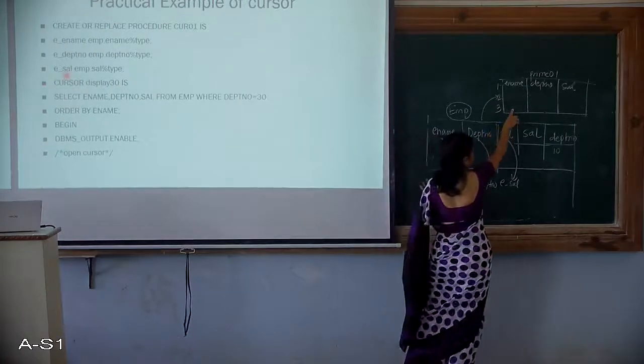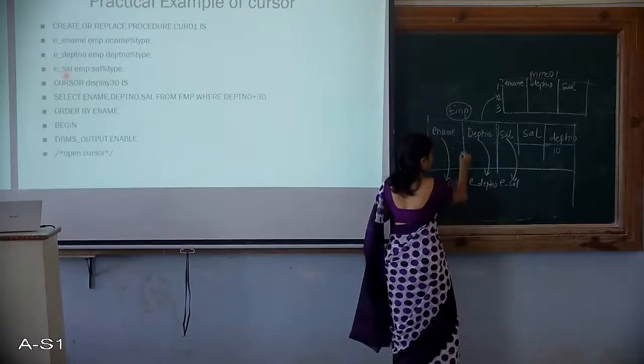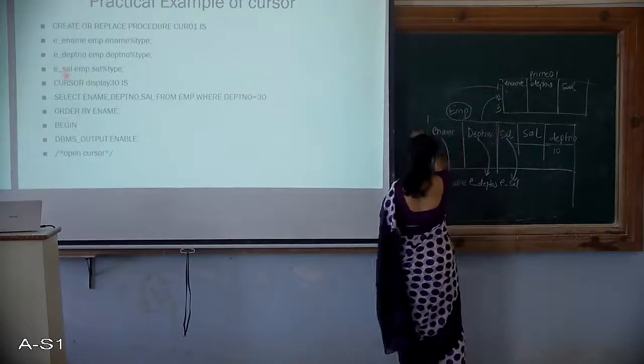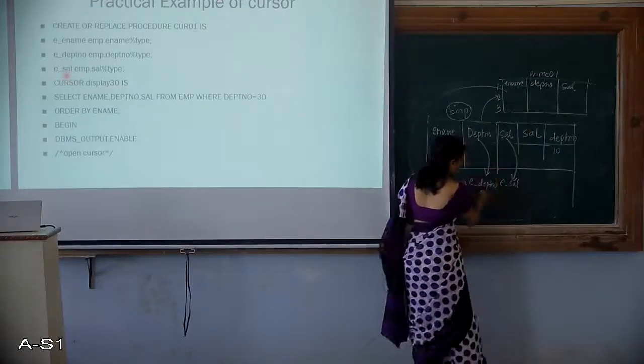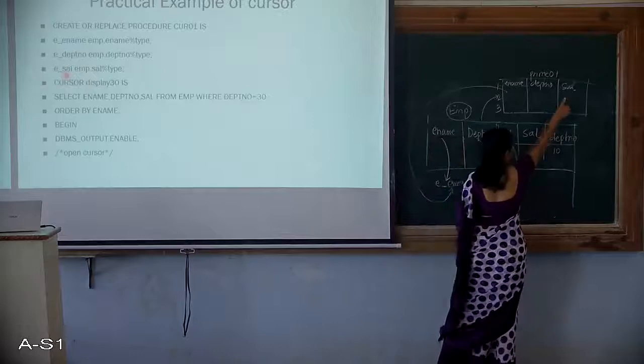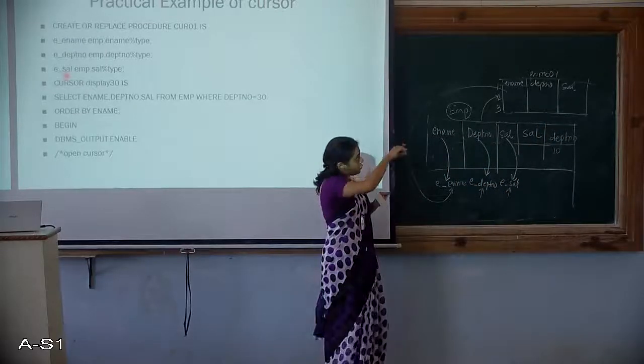So what am I doing? After the cursor is created, all these values will be fetched into these. E name will be fetched into E name, department number will be fetched here and salary will be fetched here.